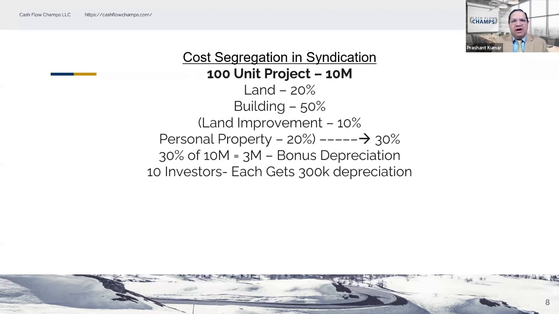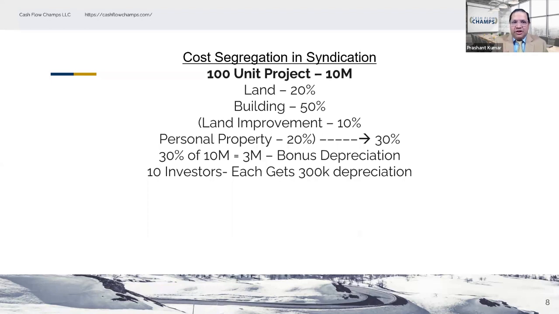So how does it work in the syndication model, right? We talked about single ownership, but let's say we are talking about a bigger project where we have 100 units, which is a $10 million project. Same kind of figures, just trying to keep it simple so that folks understand. With a $10 million purchase price, the land is 20%, which is non-depreciable.